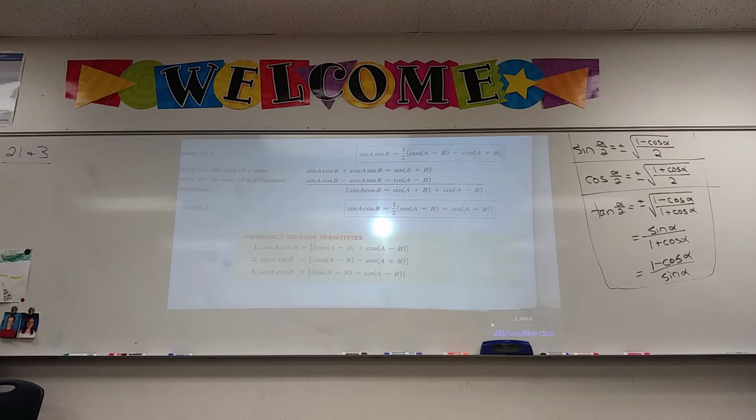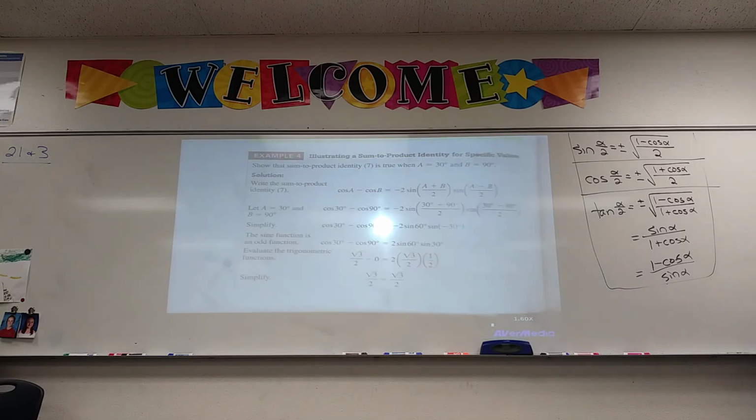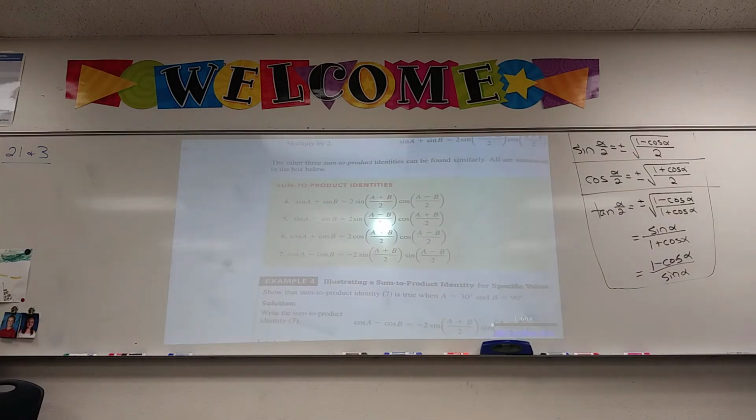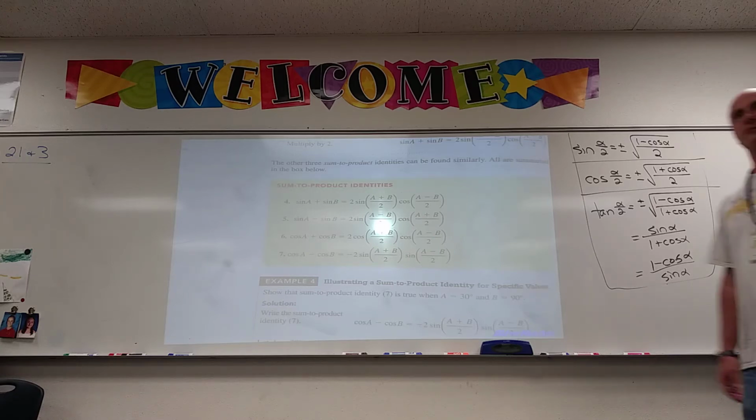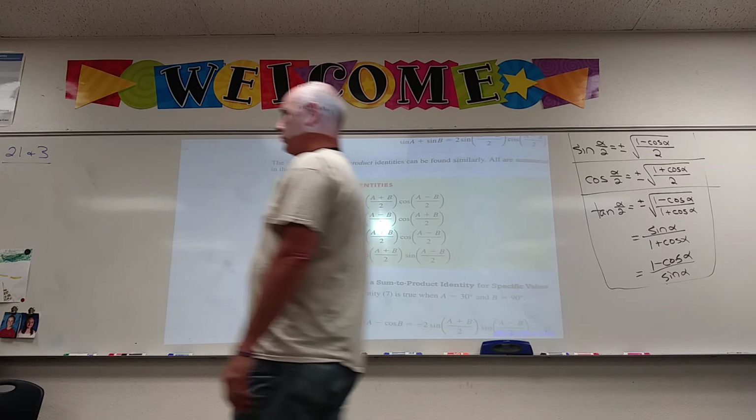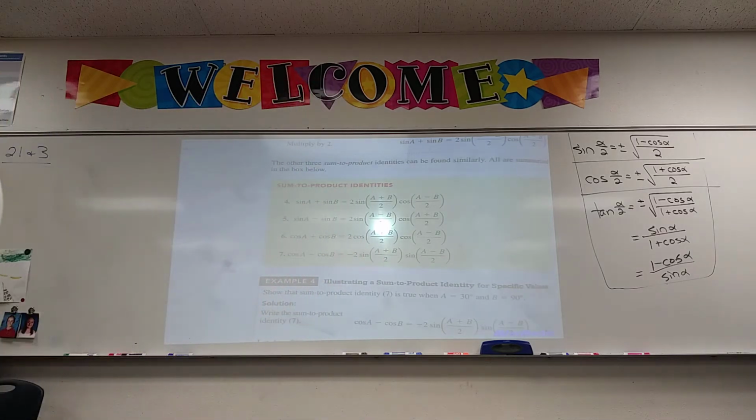Okay, so you like these formulas? Not really. Okay. What about these that are in the same section? Are we gonna get different ones? Is this why you're doing this? You've always said product to sum identities and sum to product identities. So I did a little research, well, I knew anyway.